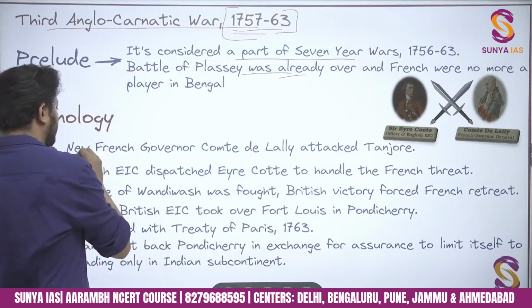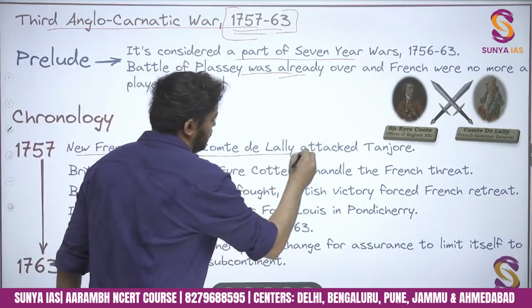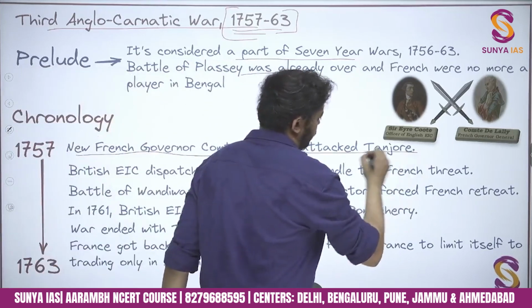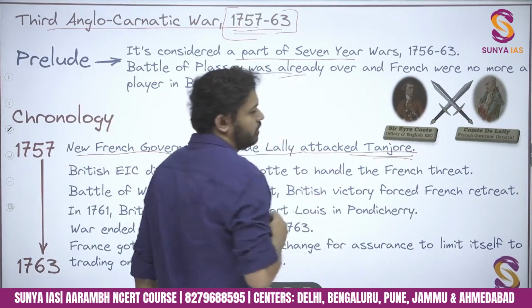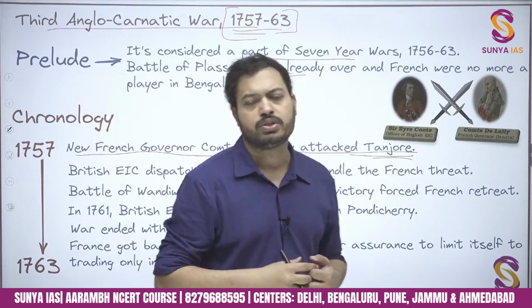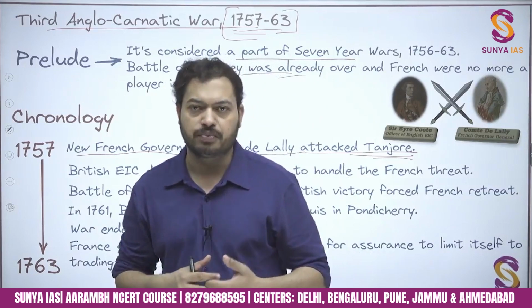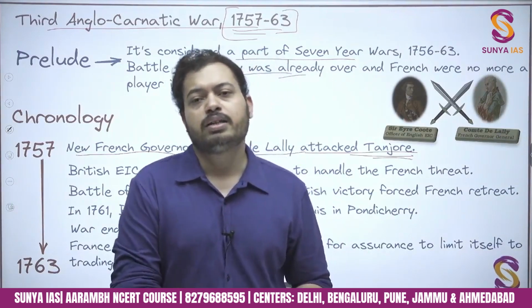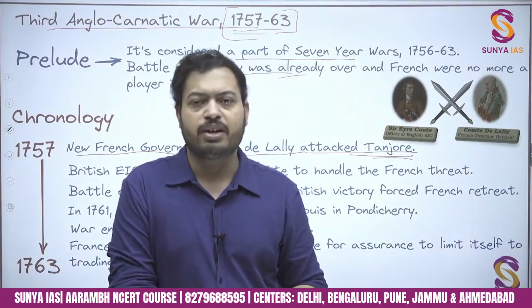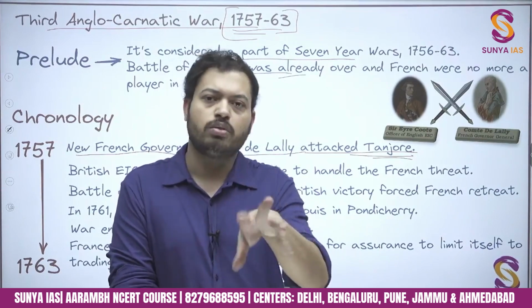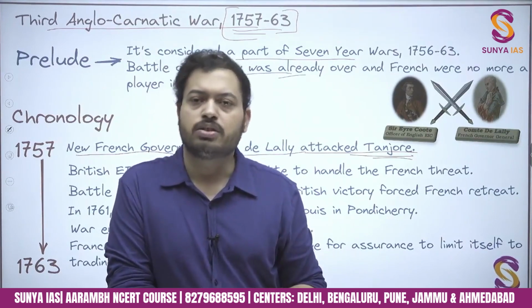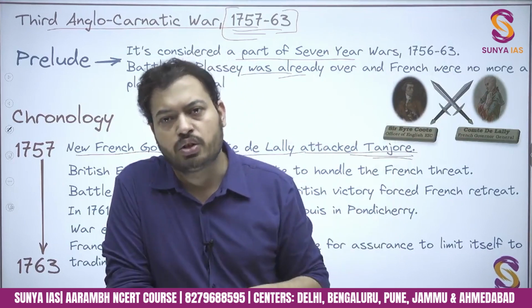Governor General Comte de Lille attacked Tanjore, and the local ruler of Tanjore was asked to pay 50 lakh rupees. The idea was that once he had that 50 lakh rupees, he would use that money to start a battle against Fort St. George.